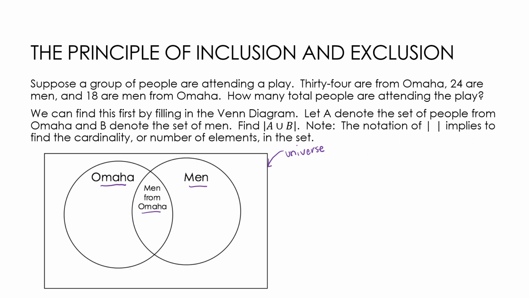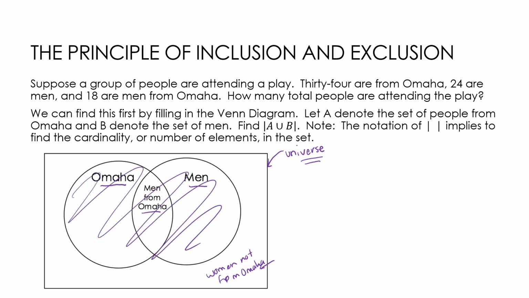So based on the universe that we're talking about, people who attended the play, these would be women not from Omaha, essentially is how that would work in that universe of everybody who attended the play. So keep in mind that the box would include all of the people who attended the play, and we're not going to deal a lot with what's in the box now. We're going to deal with all of the stuff that is within the union of sets. So let's take a look.